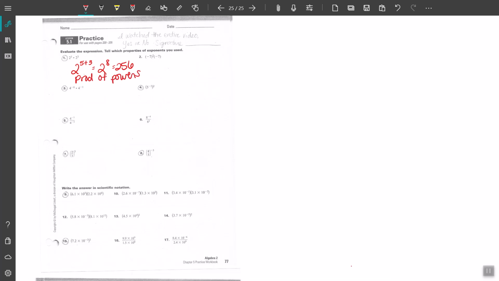All right, if we go down to number 3, we start out with product of powers again. We have the same base, 4, and we're going to add those exponents together. Now they happen to be negative exponents, and so we end up with 4 to the negative 7th. And when we simplify something, when we're actually trying to calculate the expression, we're not going to leave it like that.